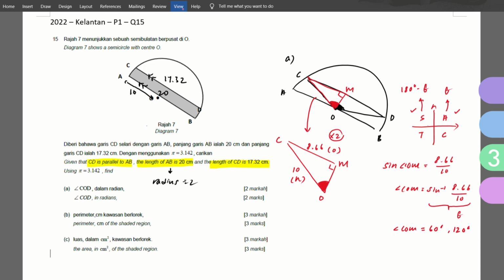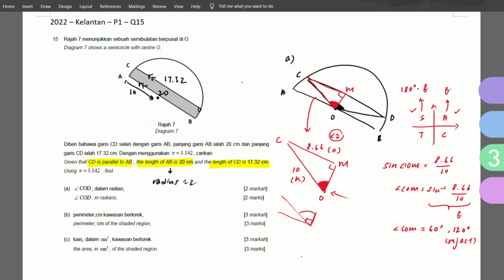There are two answers, but we only need to choose one, so we can observe from our diagram. As you see here, 90 degrees is shaped like this, but COM is less than that, something like this. So it's quite obvious that it's 60, not 120.